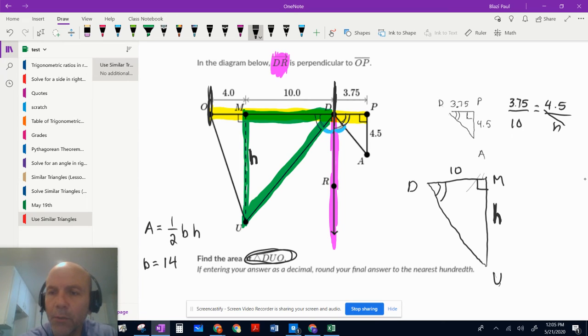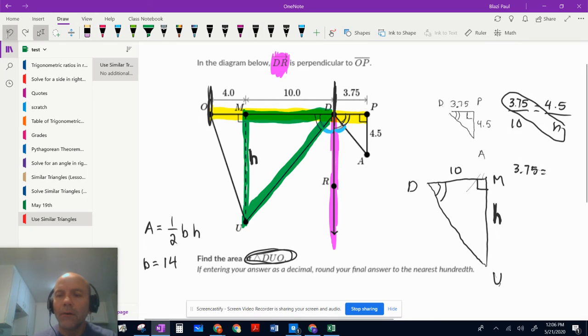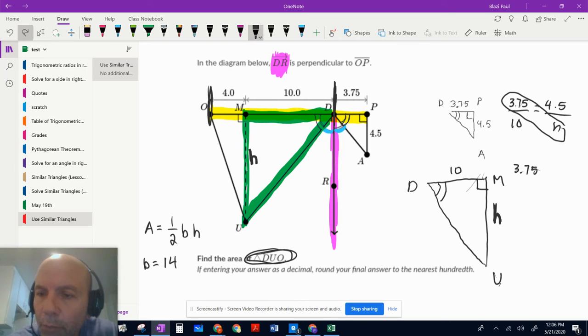So I'm going to cross multiply here, and I'm going to get 3.75 equals 4.5 times 10 is 45. What did I forget? What did Mr. Blazy forget, kids? He forgot his H. 3.75 H equals 45. And then now we're going to divide both sides by 3.75.